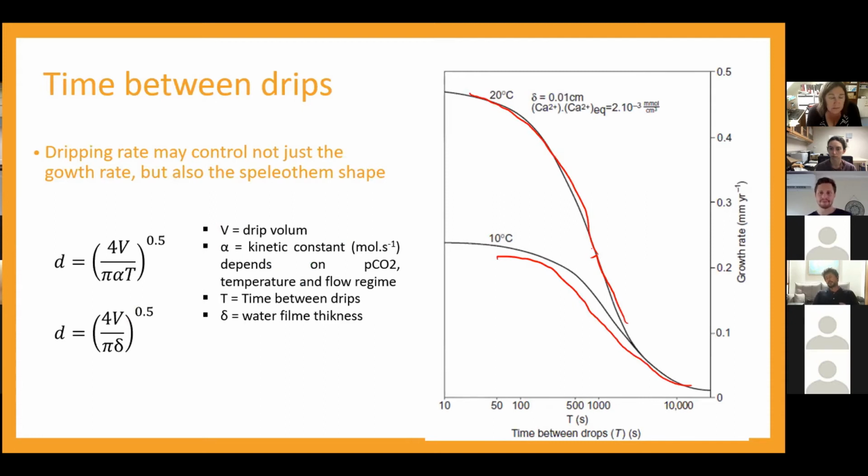However, this does not really work that well in most cases, because usually fast dripping rates are related to a large input of water, and many times fast dripping rates could be related to low saturation of calcite, which means a low concentration of calcium. So sometimes there's not a straightforward relationship between dripping rate and the saturation and precipitation of calcite.